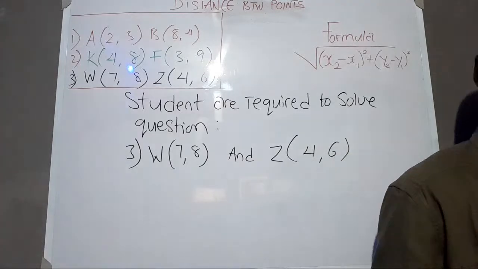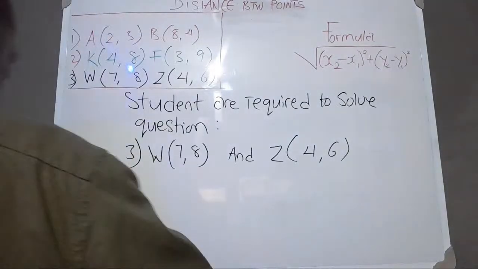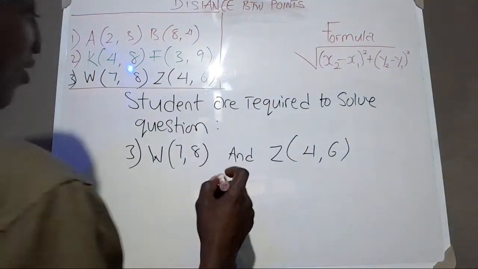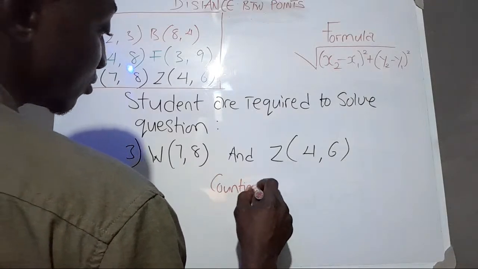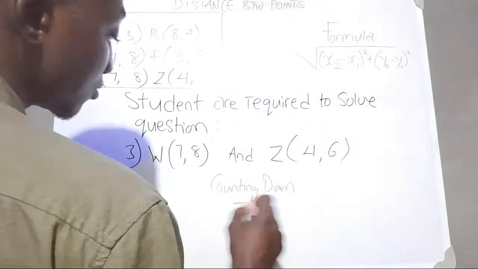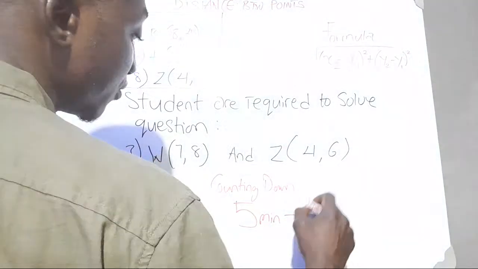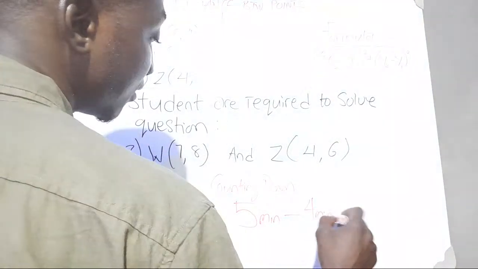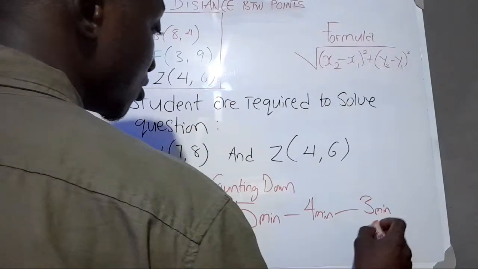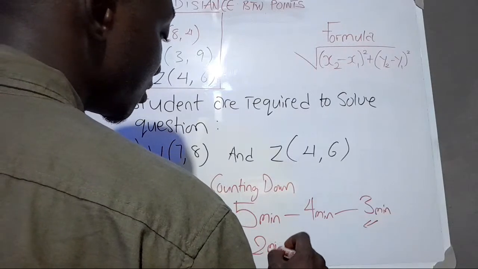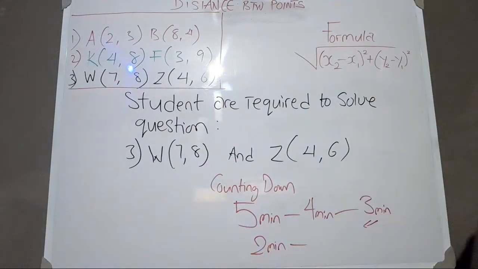This is the question to solve. Five minutes counting down. 4 minutes, 3 minutes, 2 minutes, and we are counting down on 2 minutes.